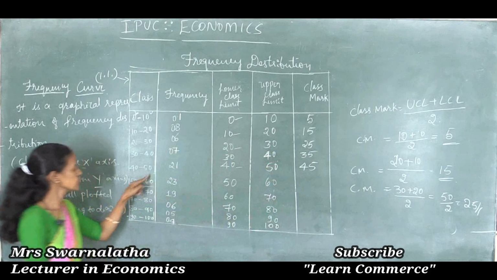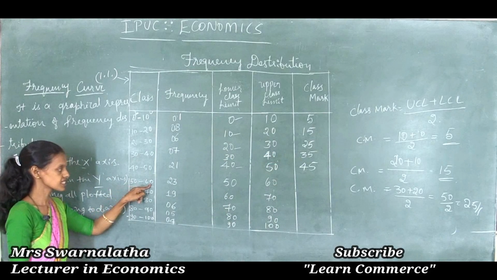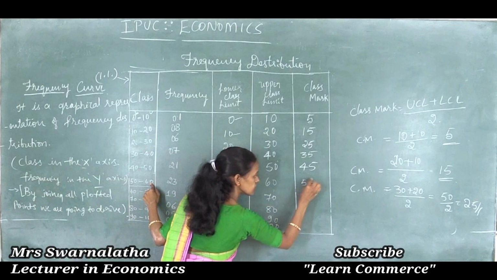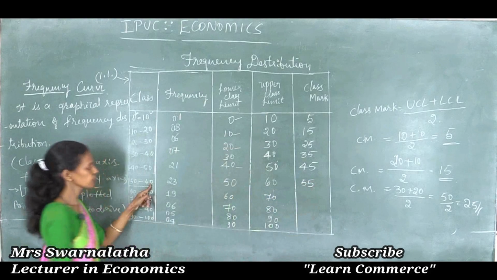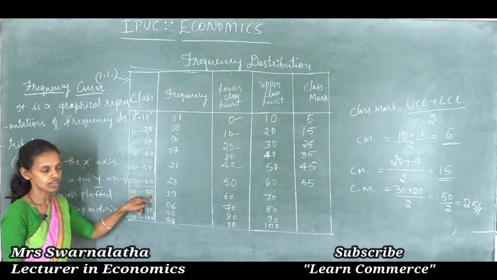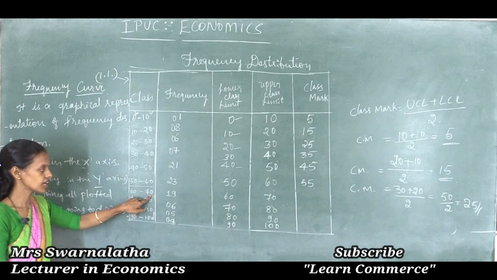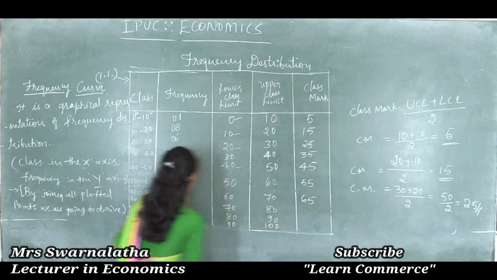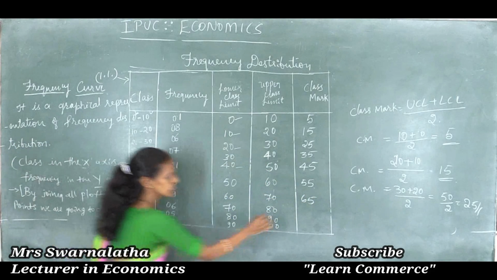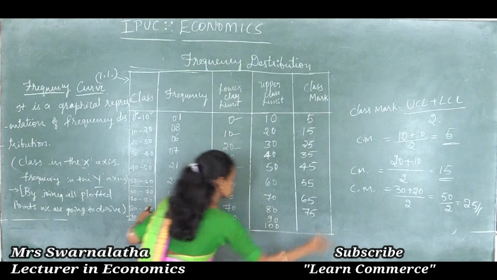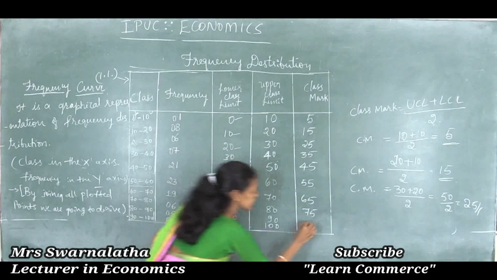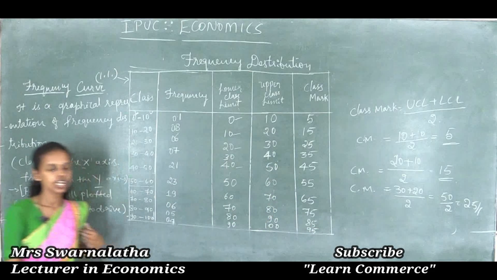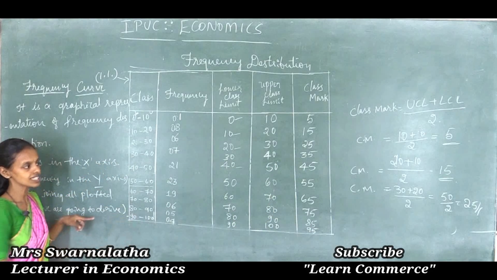Like that we are going to consider the midpoint. 50 to 60: 50 plus 60 is 110, divided by 2 is 55. Next is 60 to 70: 60 plus 70 divided by 2 is 65. Next 70 to 80, midpoint is 75. 80 to 90, 85. 90 to 100, 95. Like this you are going to take the class mark.